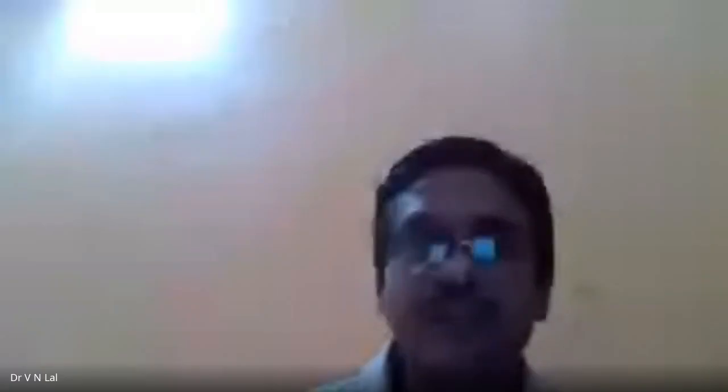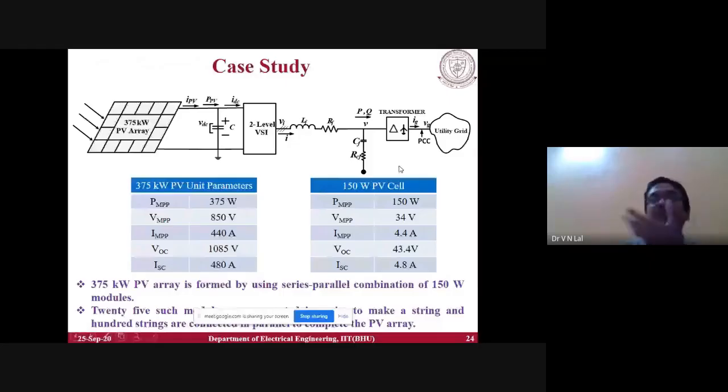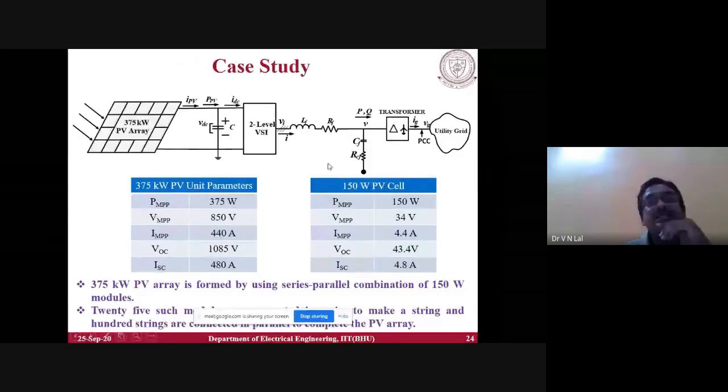This is one grid connected system which we have taken for testing this simple general PSO based MPPT. A 375 kilowatt PV array is considered, and it is connected to this utility grid with the help of this 3-phase 2-level voltage source inverter, single stage.